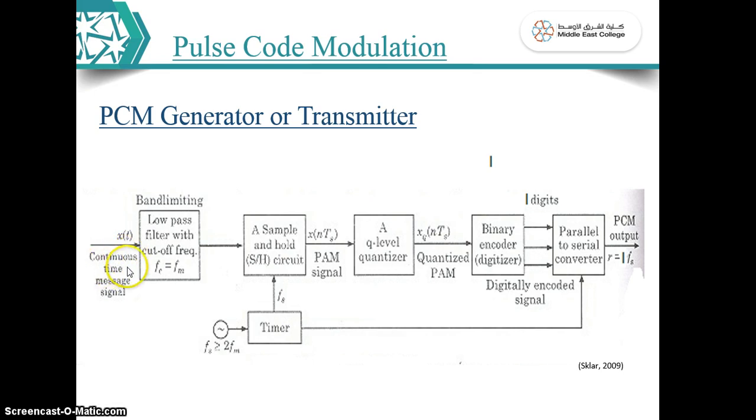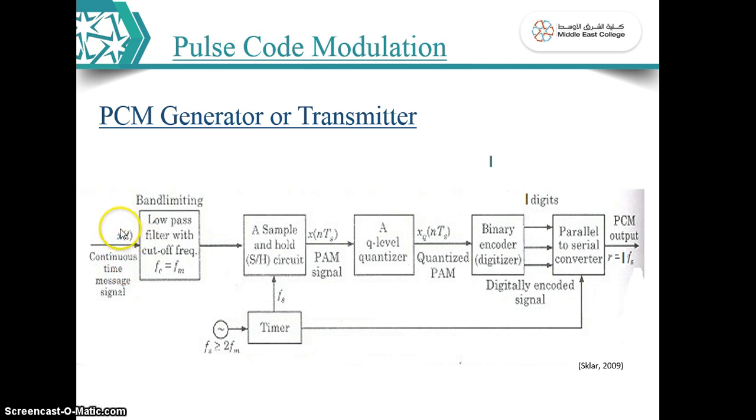The message signal may contain different frequency components, so first we have to band limit our message signal so that the highest frequency of your message signal is equal to FM. No other frequency above FM should be there.